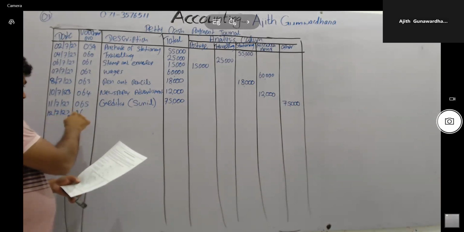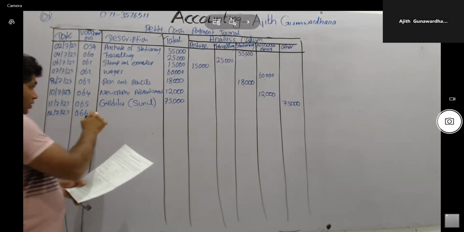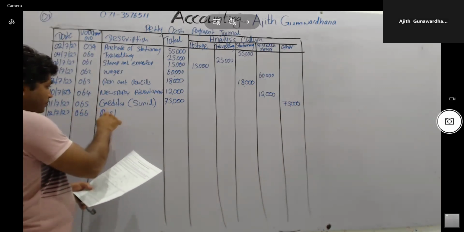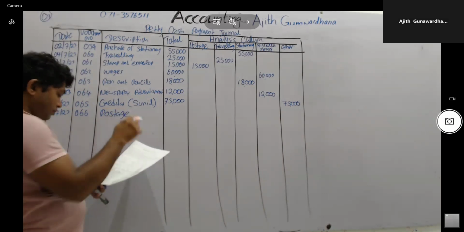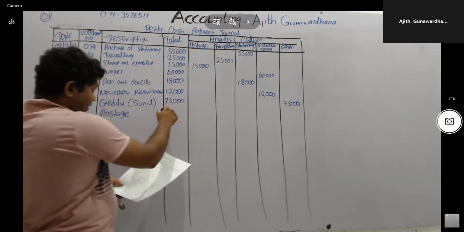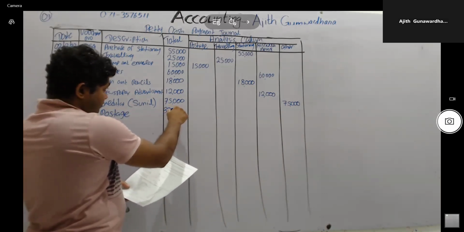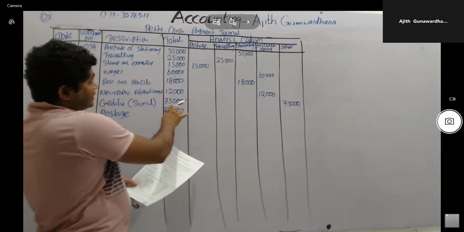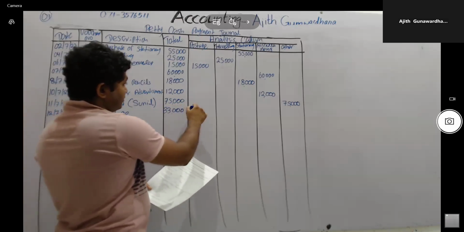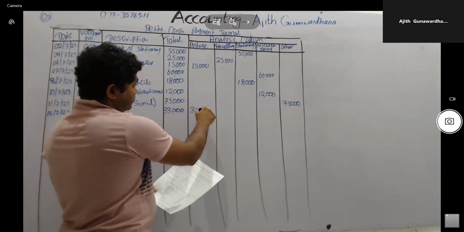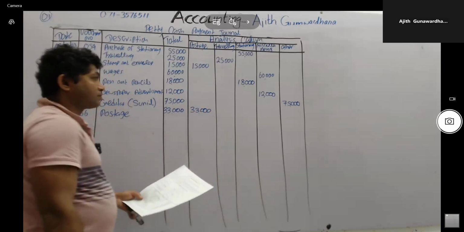Voucher number 066. Postage, and value equal 33,000. It should be recorded in the postage column.